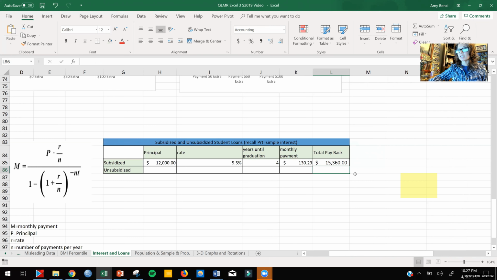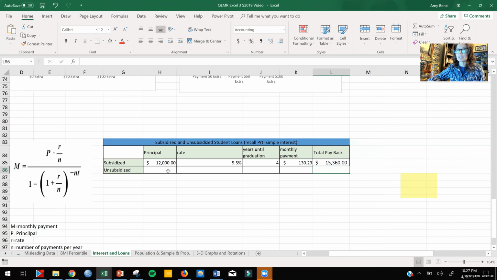All right, so now let's look at what happens if I have an unsubsidized loan. Now, when you were dealing with the subsidized loan, there was no interest accumulating for those 4 years that you were in school. So for those 4 years, you did not have to pay any money on your loan.